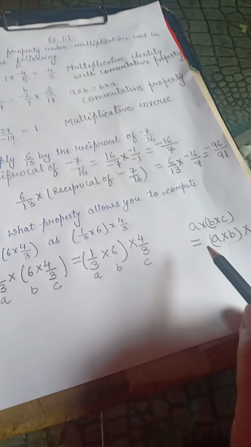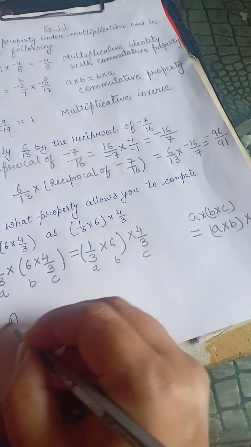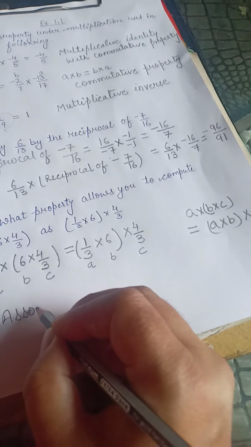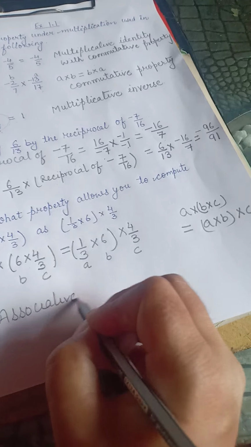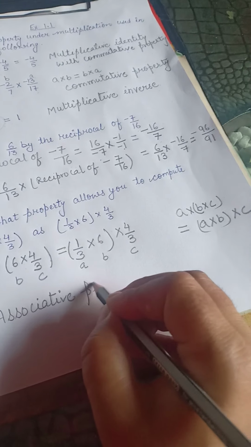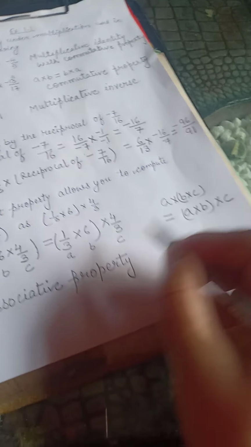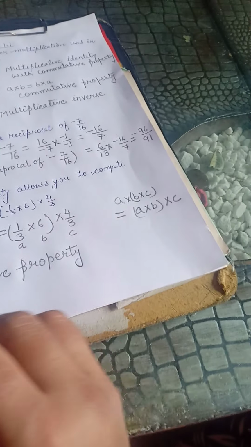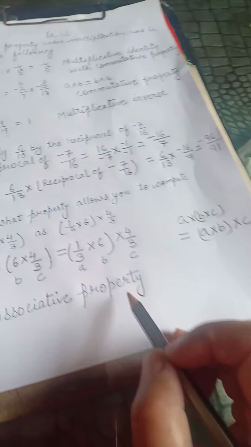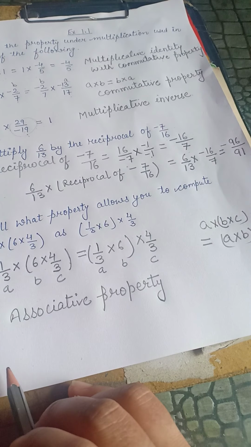So this property is called associative property. As we are doing it for multiplication here, this is associative property for multiplication.